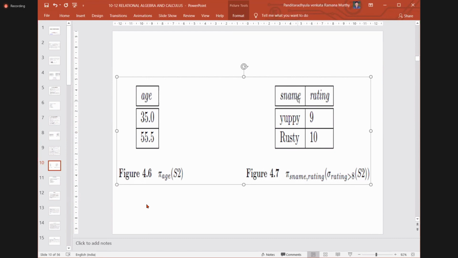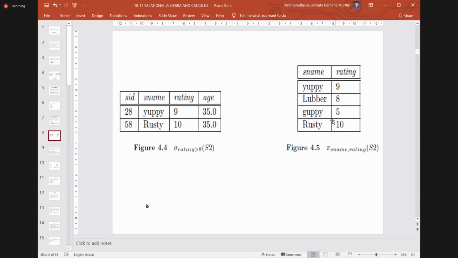What do the S name and rating columns specify here? These are the S name and rating values of the rows where the rating is greater than 8, because the projection operation on S name and rating unconditionally gives us all rows for those two columns. Clear? Whether or not the rating is greater than 8, it gives all the information.